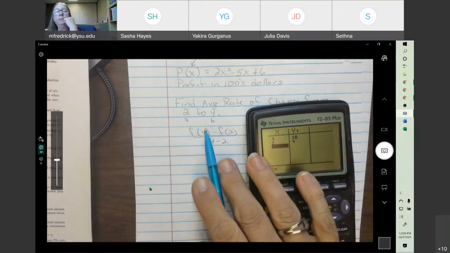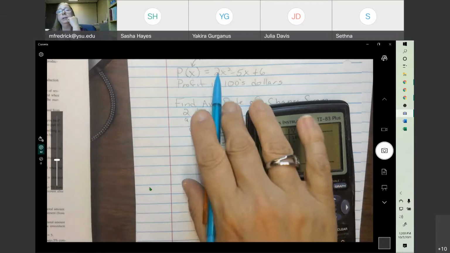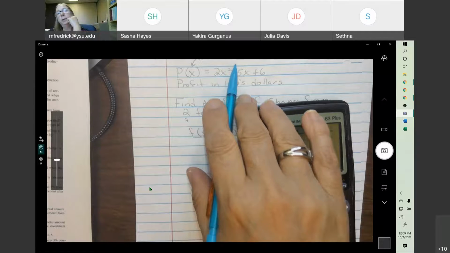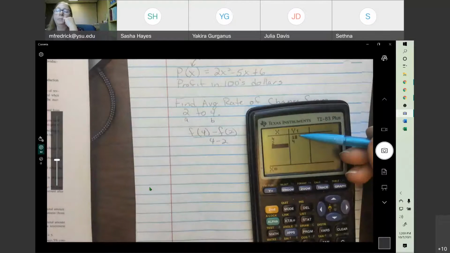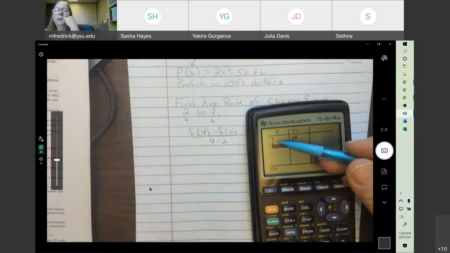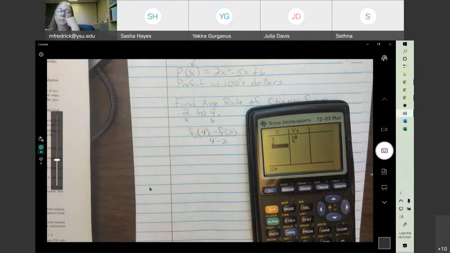So if we plugged 4 into this equation, 2 times 4 squared minus 5 times 4 plus 6, we would get 18. Or 2, I said 2. 2 we would get 4, 4 we would get 18. Any questions on that?